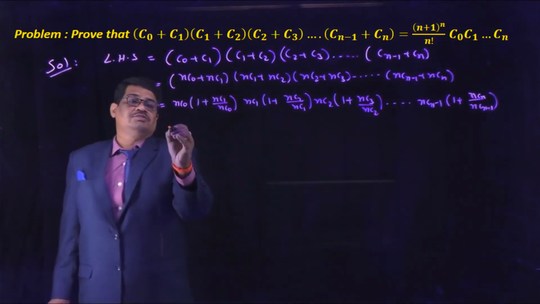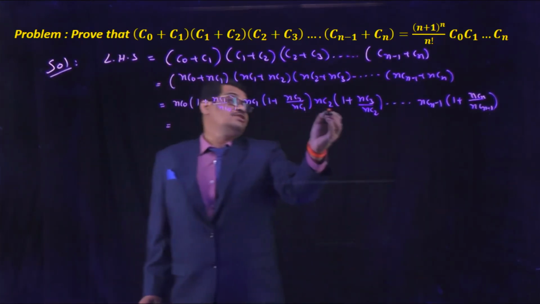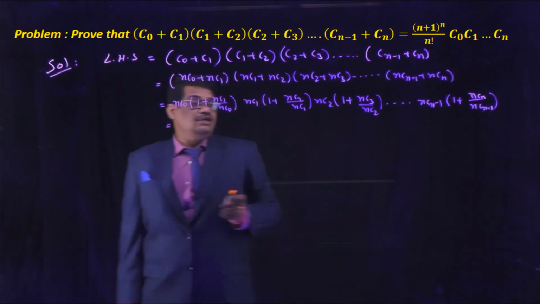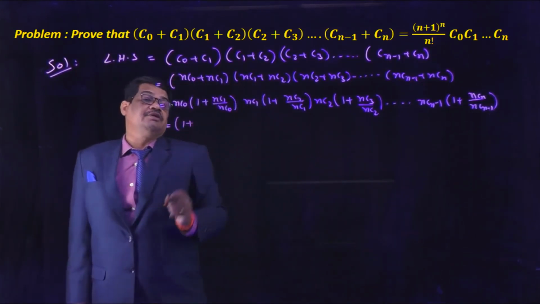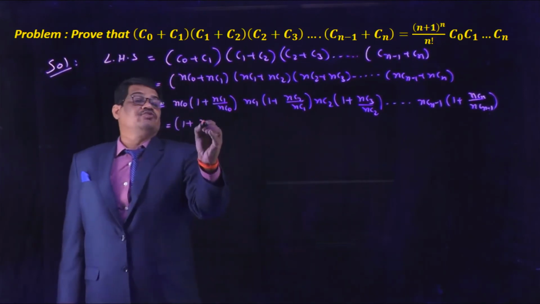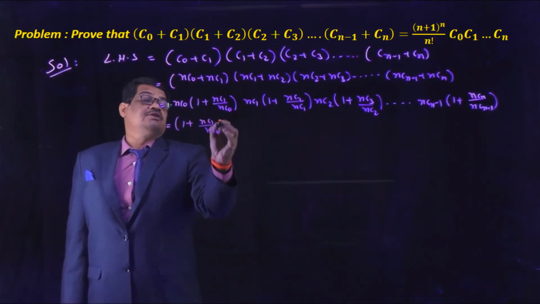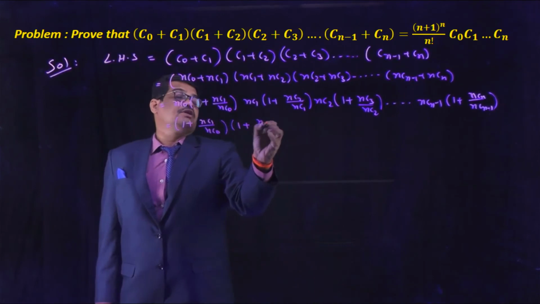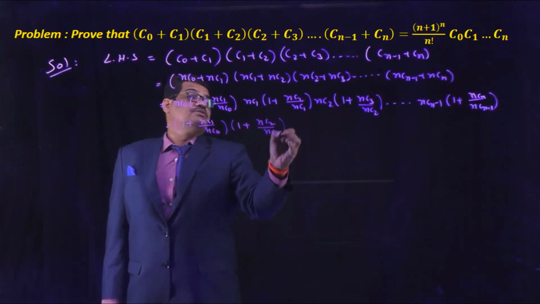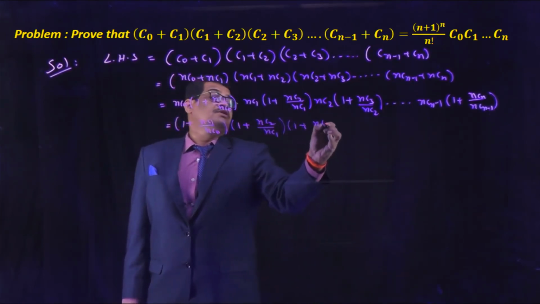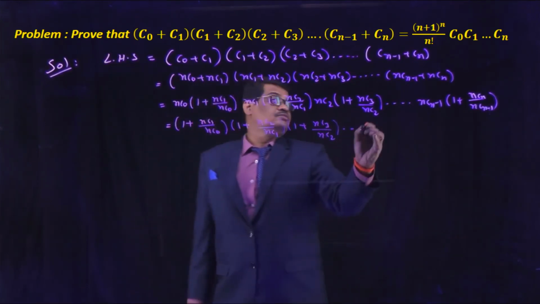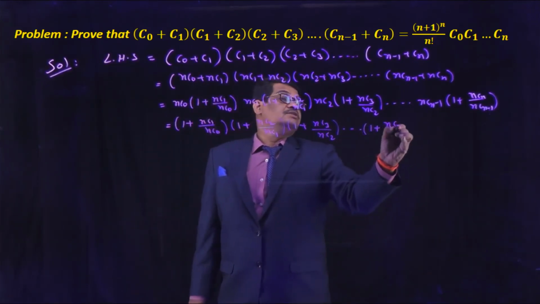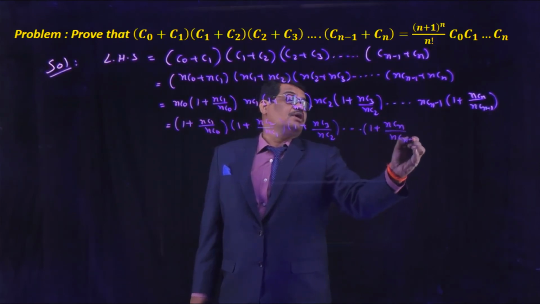Now these nC0, nC1, nC2 and so on, nCn−1 we write last. Then we are getting (1 + nC1/nC0)(1 + nC2/nC1)(1 + nC3/nC2) and so on (1 + nCn/nCn−1).